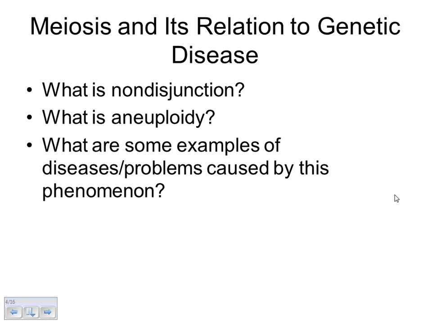But by far, what is the most common result of aneuploidy? Death, miscarriage. By far, the most common result of aneuploidy is miscarriage. What's probably second on the list? Down syndrome is the most common other than miscarriage. And there are others. We're going to talk about several other disorders that can be caused by this.